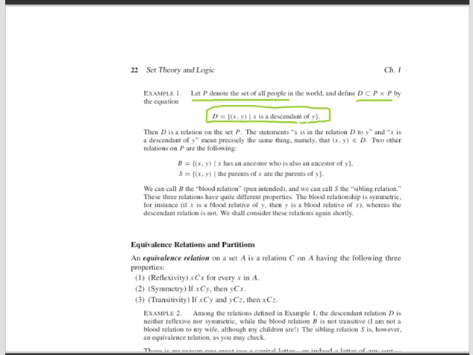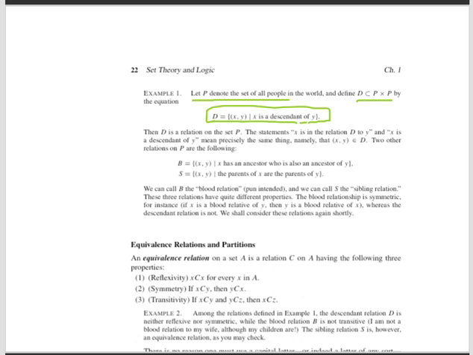Descendant means offspring. In Persian we say descendants as nave. In Arabic we say walad.